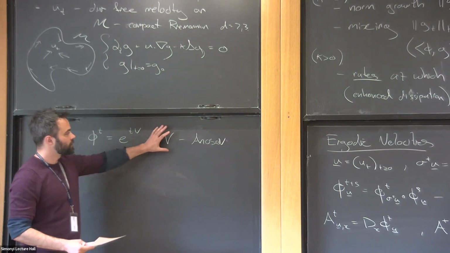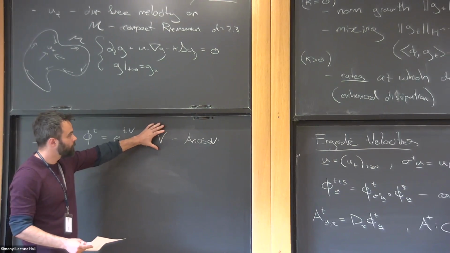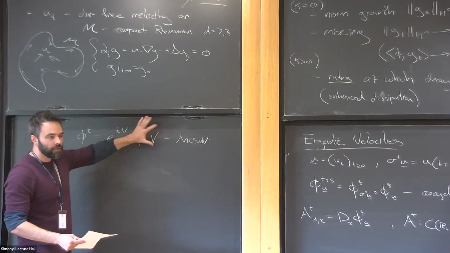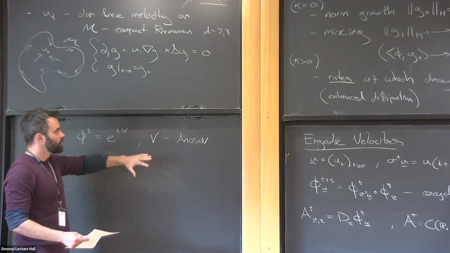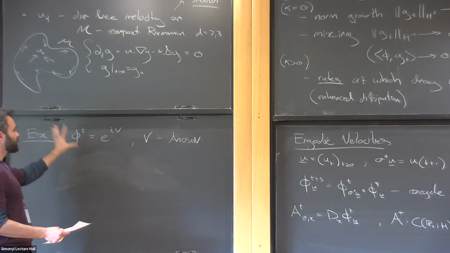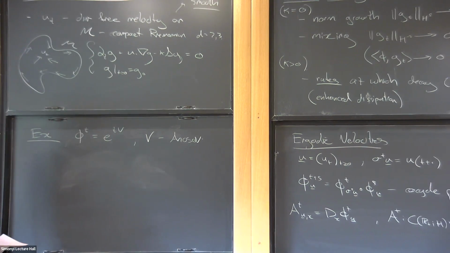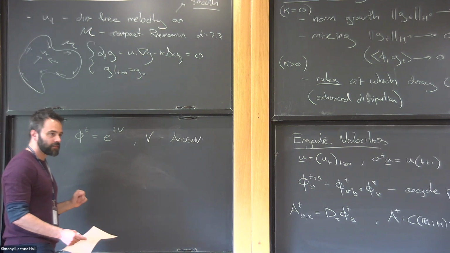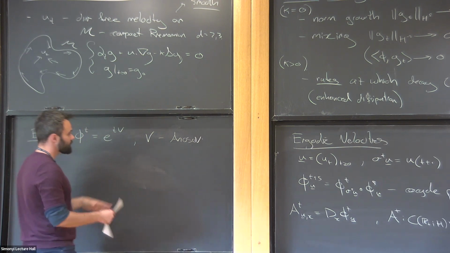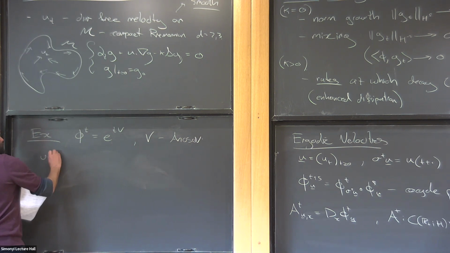So this would be like the vector field associated with the geodesic flow on some negatively curved manifold. And the manifold here would be like the unit cotangent bundle for the negatively curved system. This is an example of a uniformly hyperbolic flow.